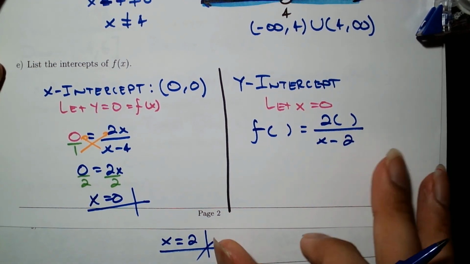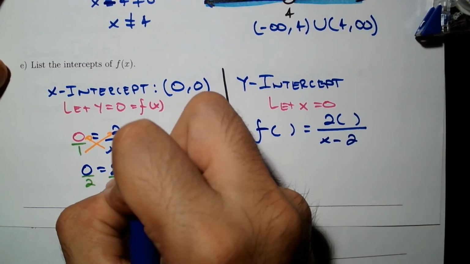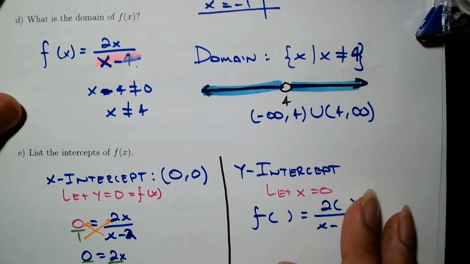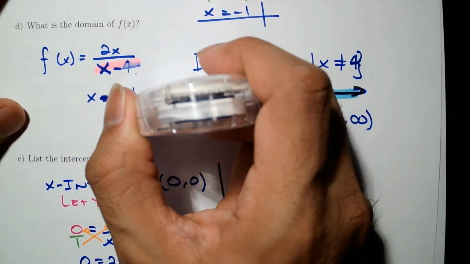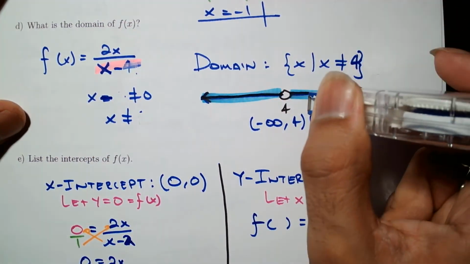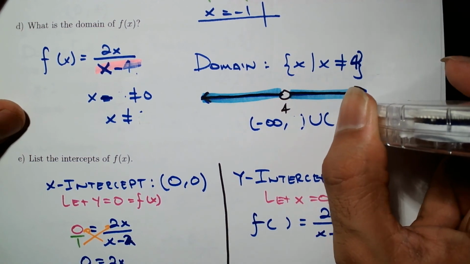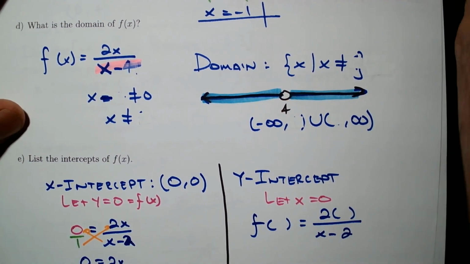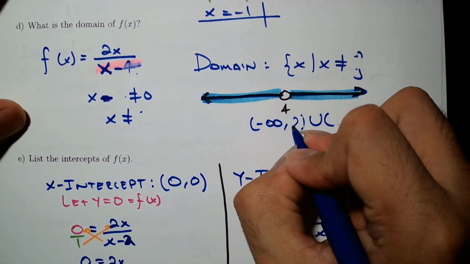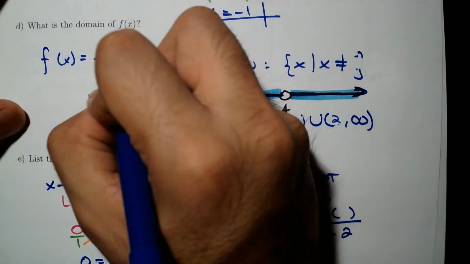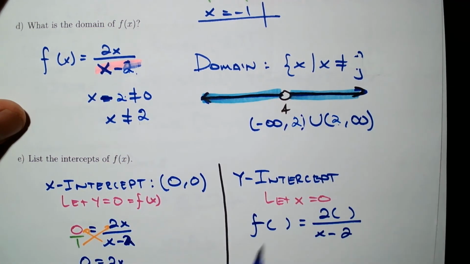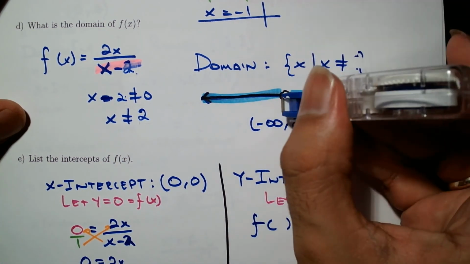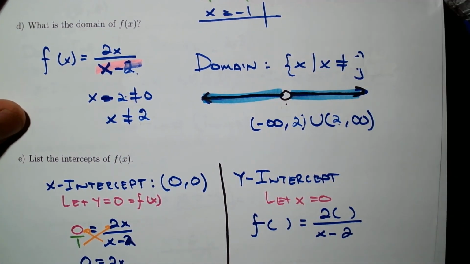This is supposed to be a 2. Hold on. I made a mistake here. This was supposed to be a 2, and another 2 here.